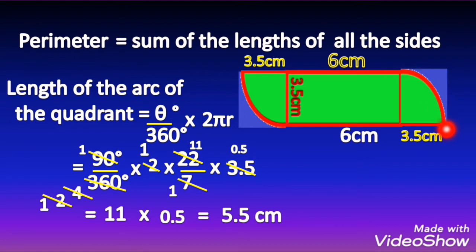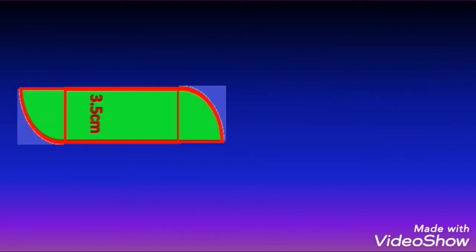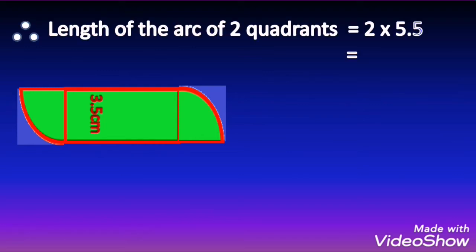The length of the arc of this quadrant is 5.5 centimeters. You can see here two quadrants are there, right? So 2 into 5.5 will be 11 centimeters. Therefore, the length of the arc of two quadrants is 2 into 5.5, that is 11 centimeters.